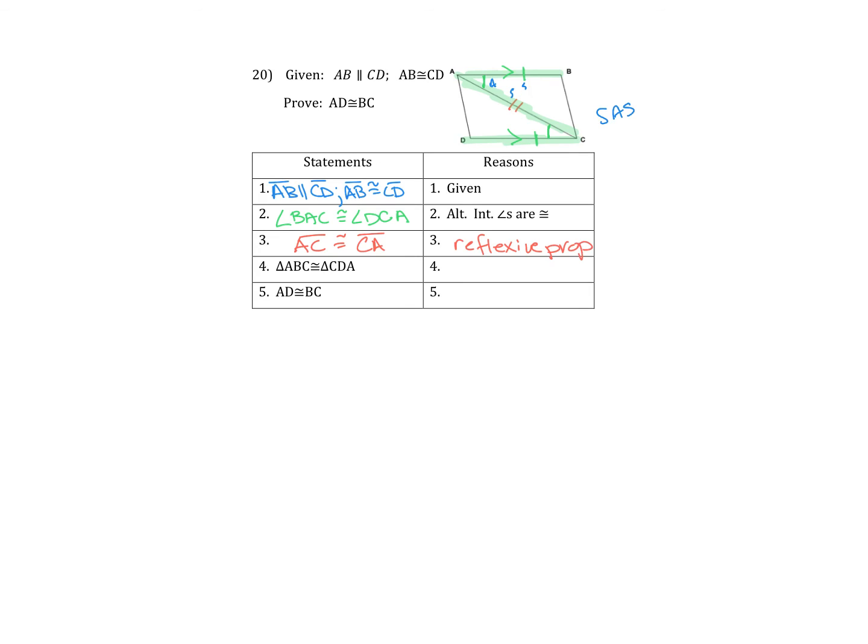So the next one is two triangles being congruent. So my two triangles were congruent by my side angle side. Side angle side. And I know that then my two sides, my AD and BC, will be congruent by CPCTC. They are now corresponding parts of two congruent triangles.